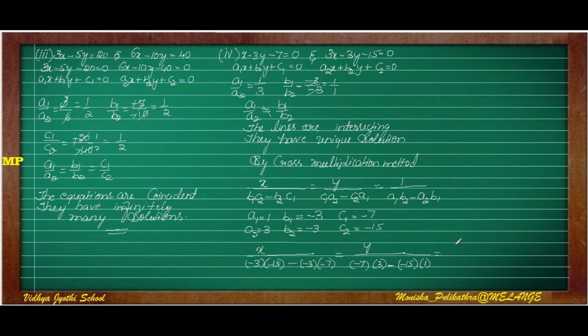The same way next constant, 1 divided by a1 b2, that is 1 into minus 3 minus a2 b1, that is 3 into minus 3.